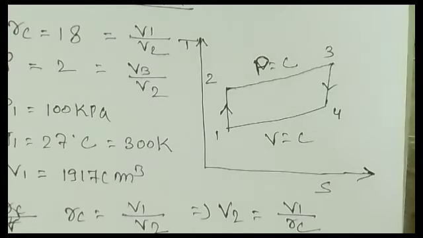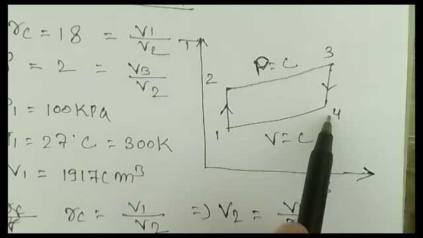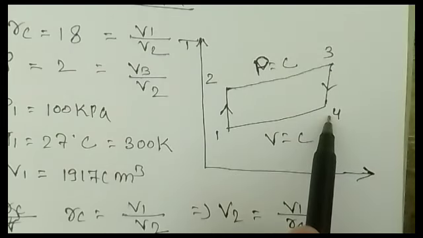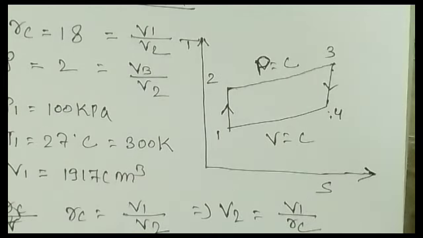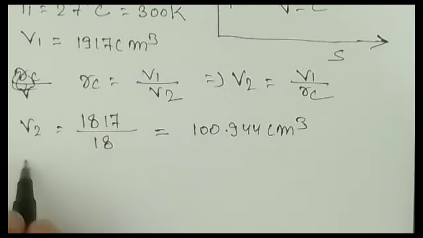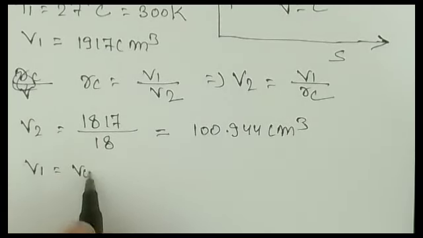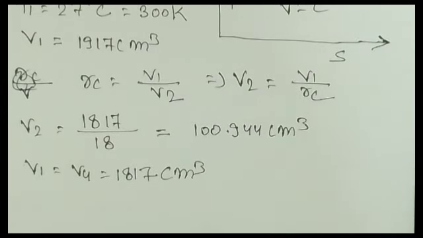Now V4 is equal to V1, constant volume. So V1 is equal to V4, which is equal to 1917 centimeter cube. So we got V1, V4 and V2. Now we can calculate V3 also.